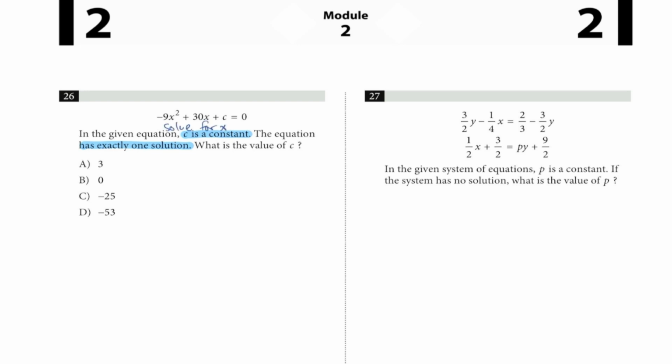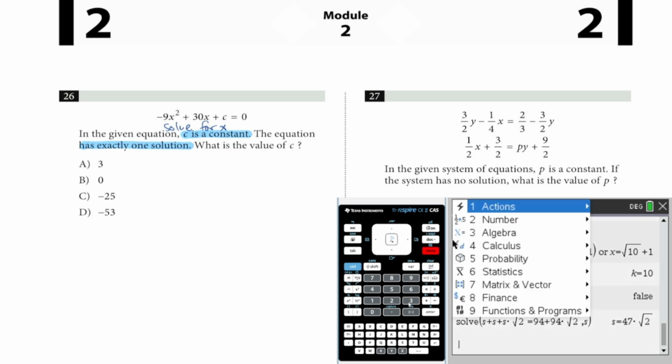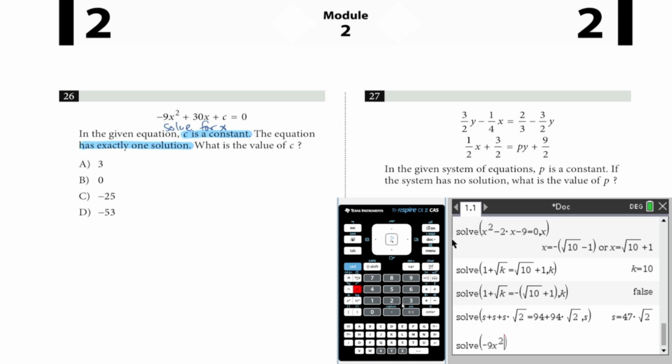for x. Even though they're asking for C, we're going to solve for x first. And of course, to solve for x, we oftentimes will use our calculator. Since it's one equation, we're just using solve, so menu 3, 1. Our equation is negative 9x squared plus 30x plus C equals 0, comma x.